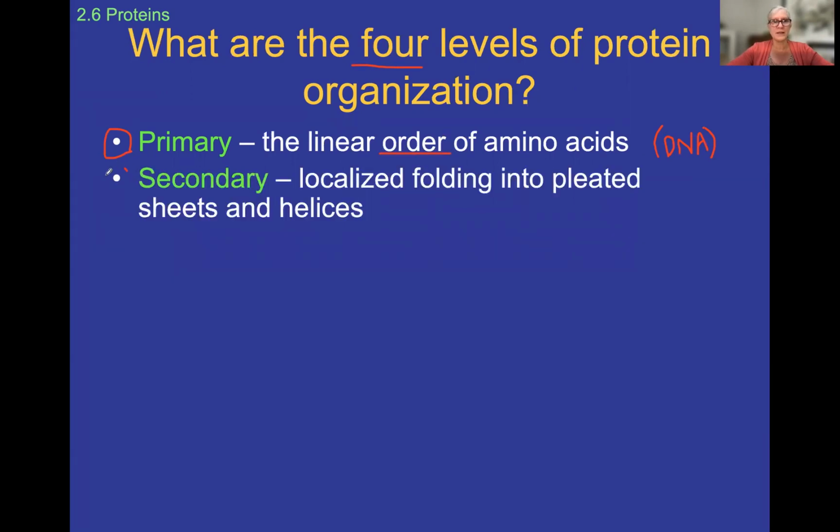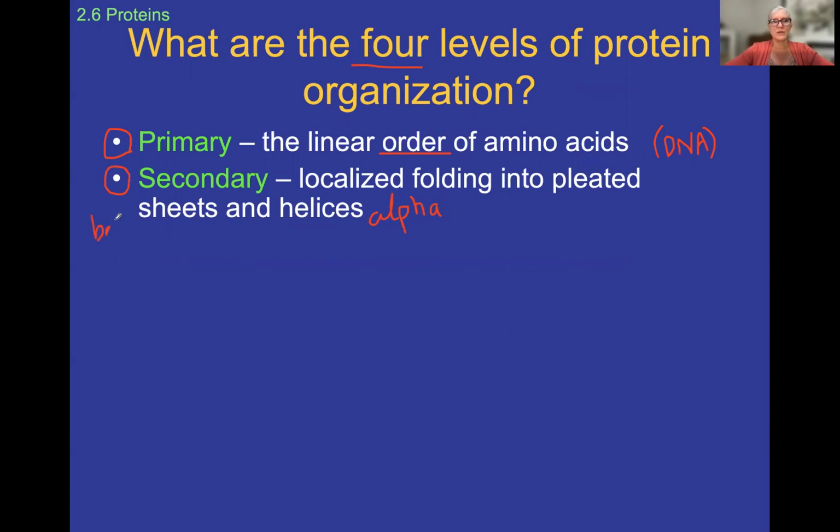Secondary. Now that chain of amino acids begins to fold. And so you're going to see things called, I think it's called an alpha helix. So I'll put the word here. And then there are shapes known as beta pleated sheets.